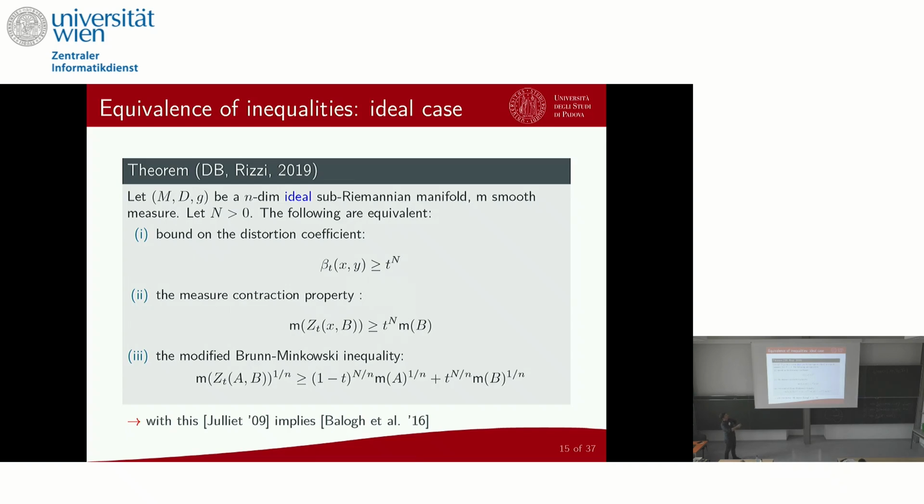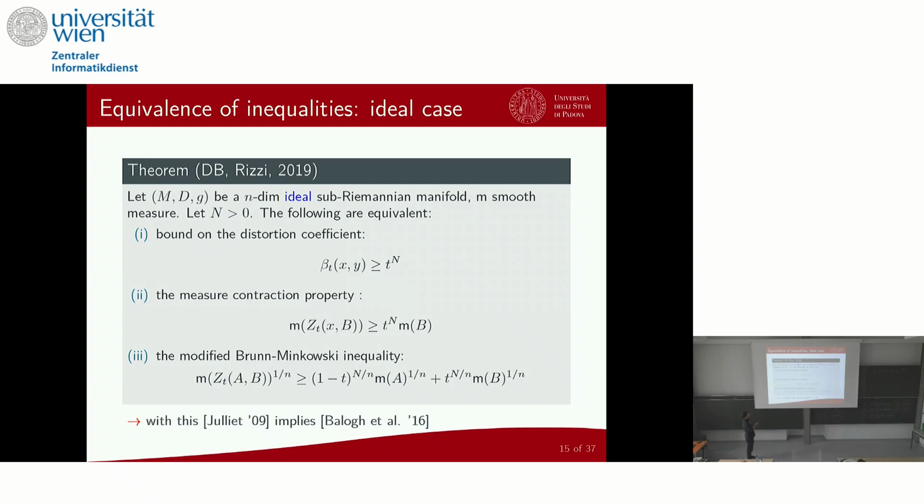So you can not only have this at a micro-local scale when the radius of the ball goes to 0, but also for the measure contraction of sets to a point, and also you can go to a modified Brunn-Minkowski. I call it modified because what you can get from this inequality is exactly this type of Brunn-Minkowski inequality. You cannot get the one which is associated to the classical CDKN or CD0N.